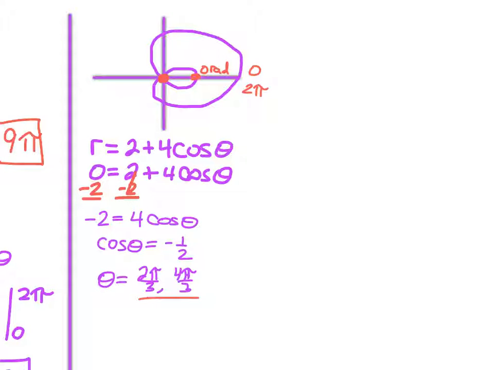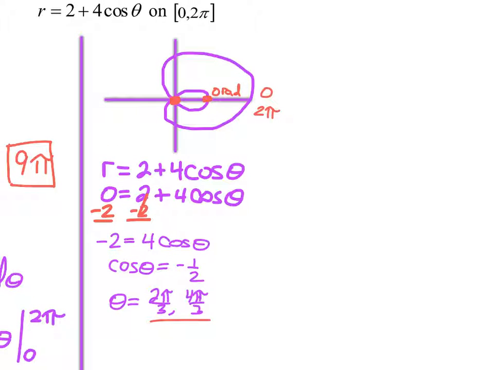But then it works its way around in this direction, then this way, then this way, and then finally this way. So then it finishes up at 2 pi.